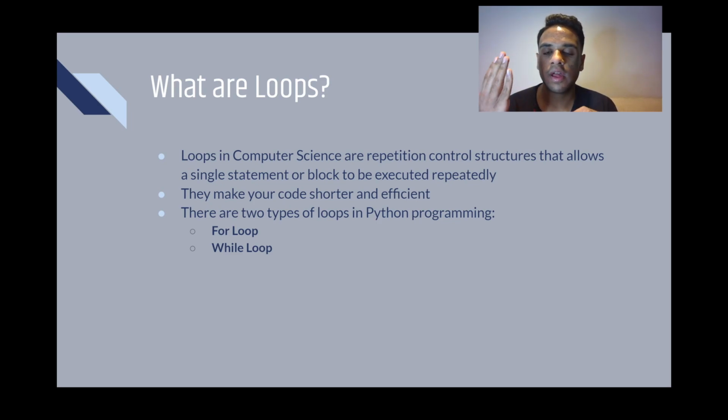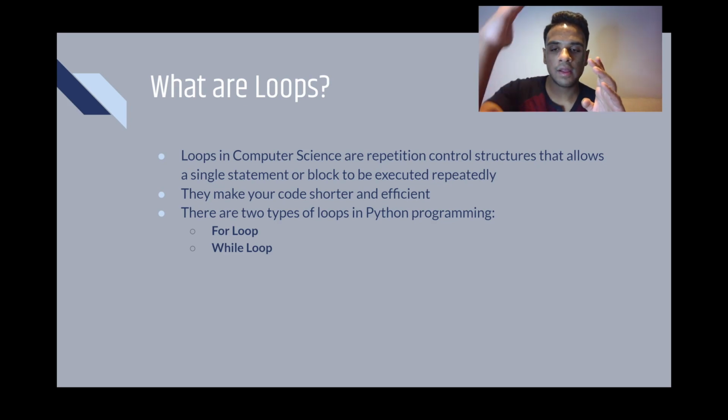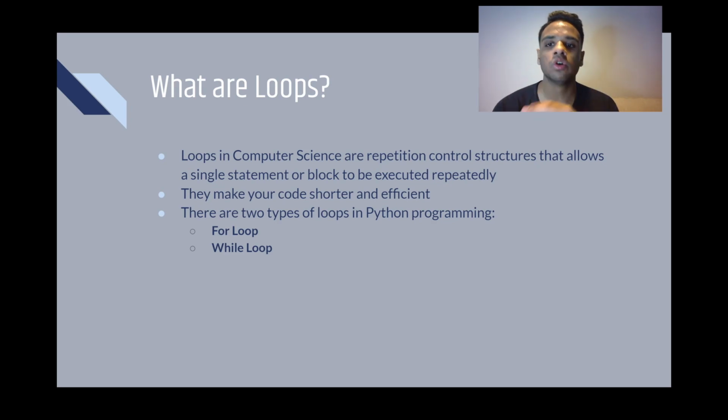If I wanted to repeat hello world 50 times, I only have to write that statement one time, and I could use a loop and say I want to repeat this statement 50 times. And in 3 lines of code, I could get 50 lines that say hello world. That's where loops come in. Like in the next bullet point, it makes the code shorter and efficient. Instead of having 60 lines of code, I could cut it down to 3 lines by just using a loop.